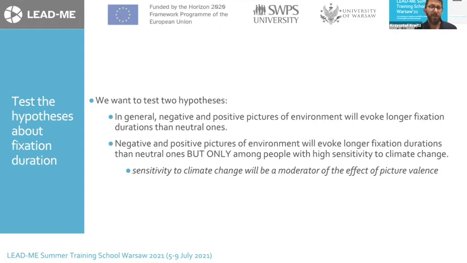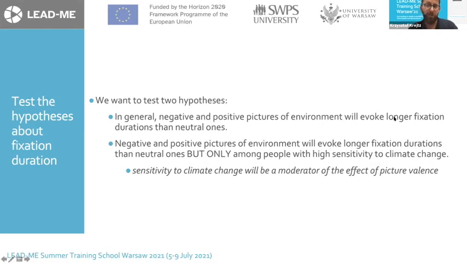But I think that we can also state the hypothesis that these differences are going to be moderated by sensitivity to climate change. So probably that pattern of results, as in the first hypothesis stated, is going to be visible only among people with high sensitivity to climate change.